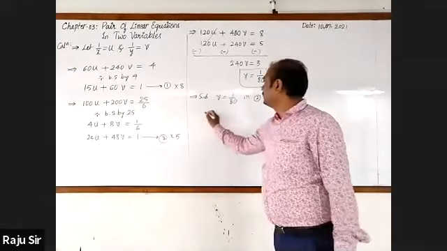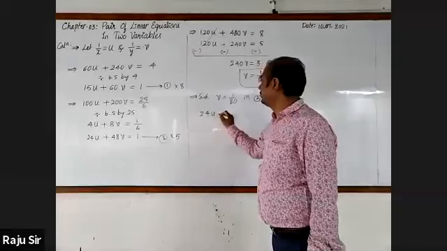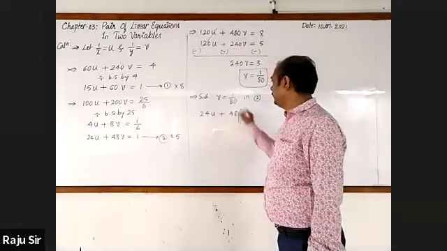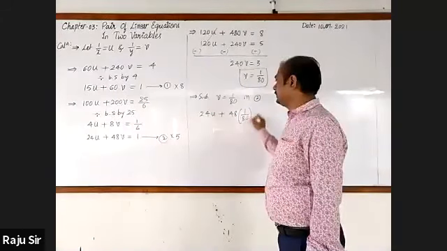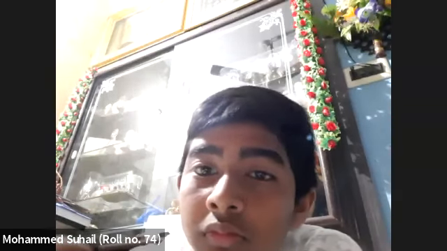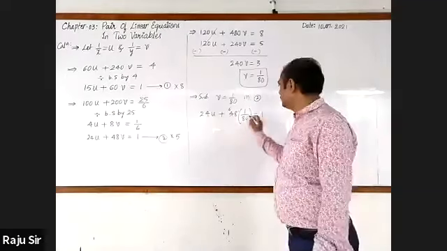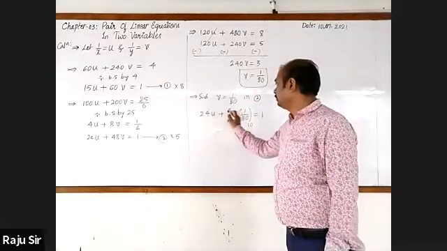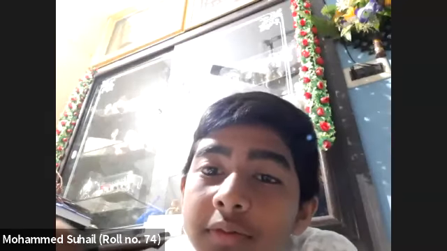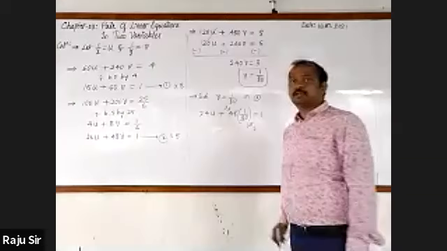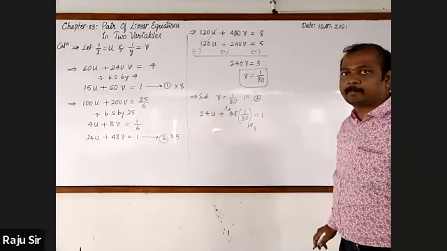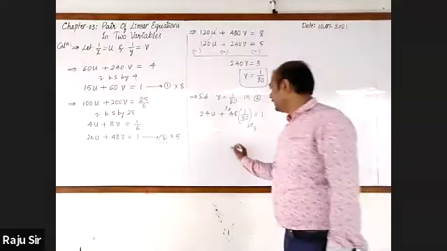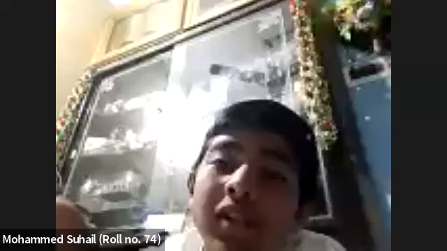In 2, it is 24u plus 48v, where v is 1 by 80. It's equal to 1. You can cancel it. 16 by 80, 16 5s are 80, so 3 by 5. Any doubts? No, sir.